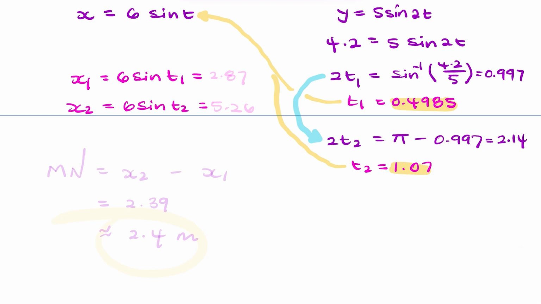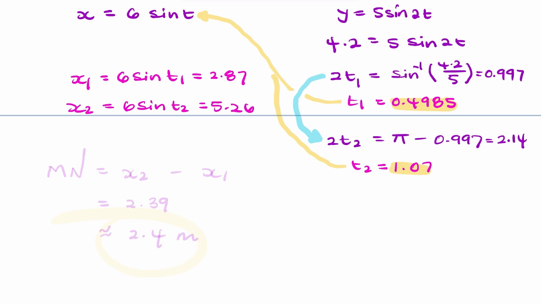So 6 sine 0.4985 gives me 2.87, and 6 sine 1.07 gives me 5.26.